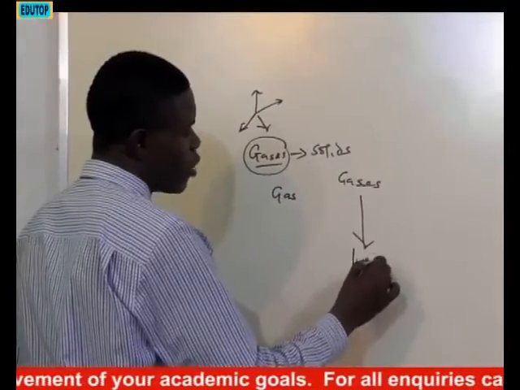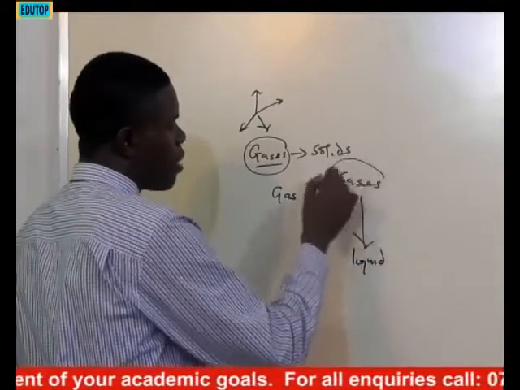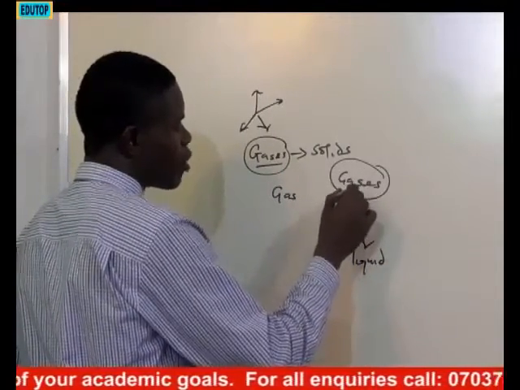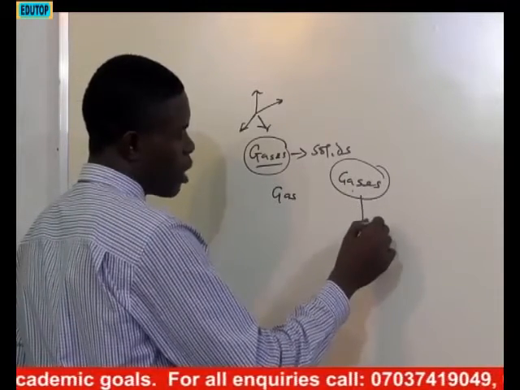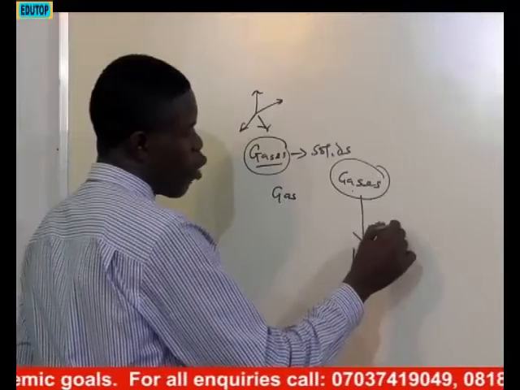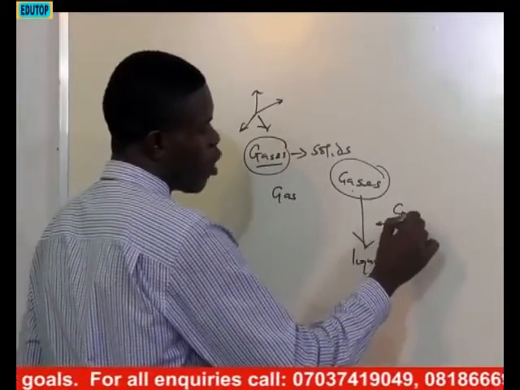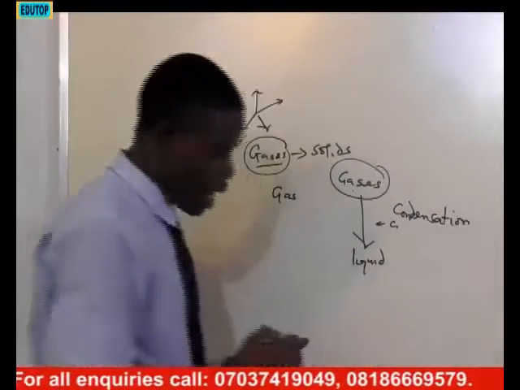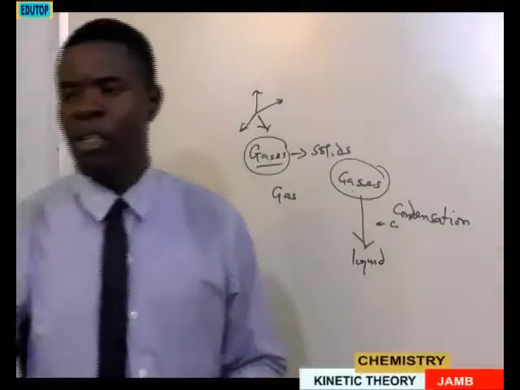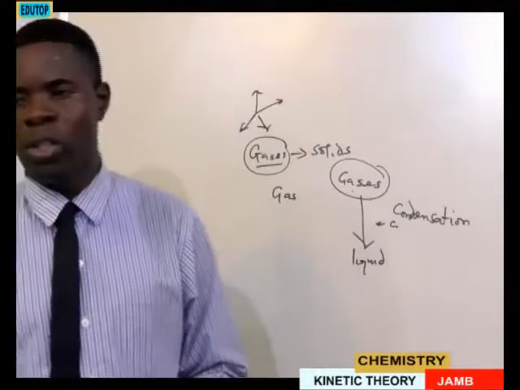Liquid. In this situation, when you have a gaseous body losing kinetic energy as a result of contact with a cold body, it is definitely going to be condensation, which I talked about earlier. So the answer to that very question will be option A.